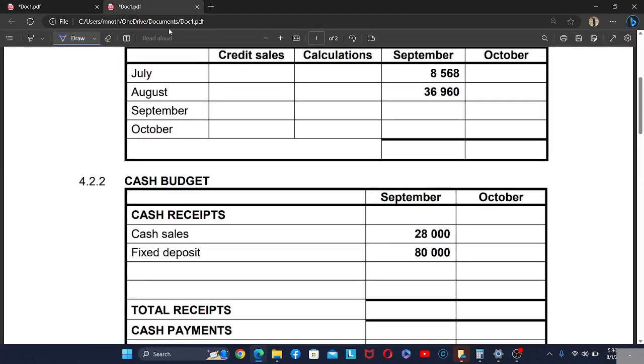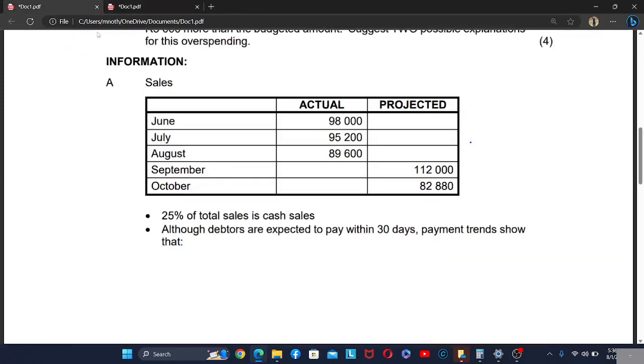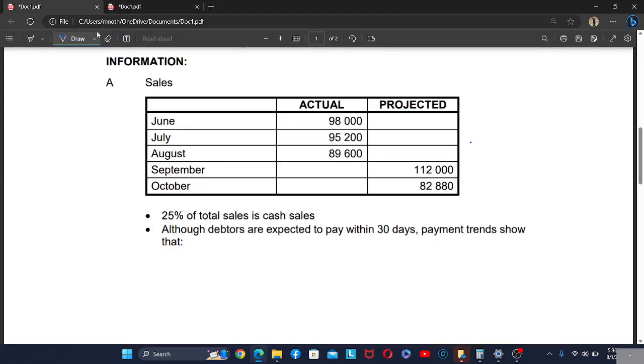So it's July, August, September, October. Now let's find the one of July. Let's calculate the credit sales. For July, we're going to say 95,200 multiplied by 75%. Now, they said that 25% of total sales is the cash sales, meaning that the other 75% is for credit sales.